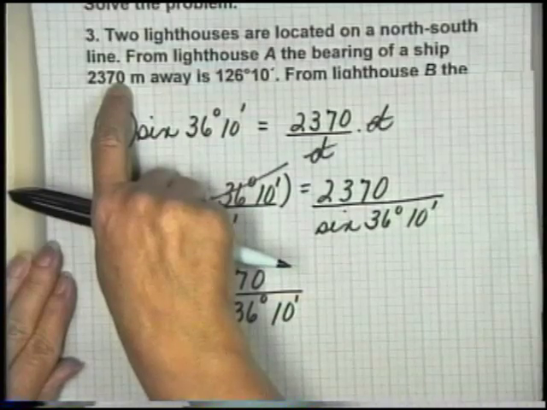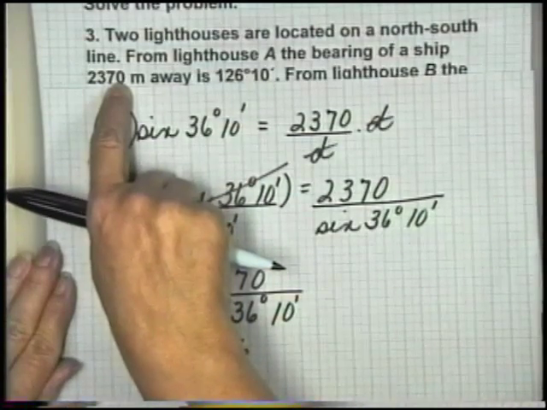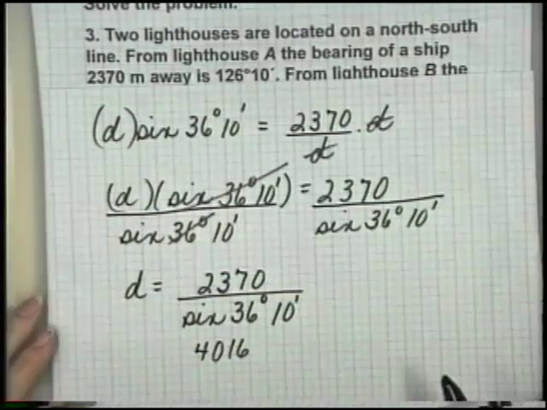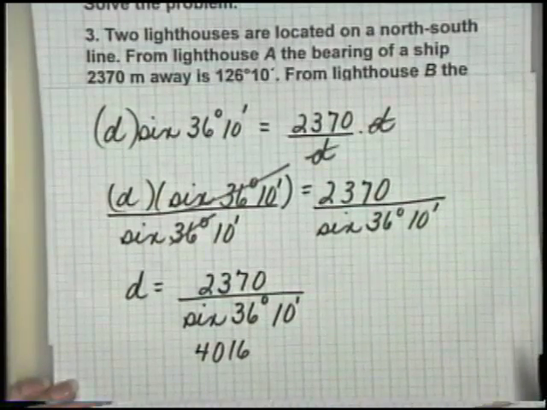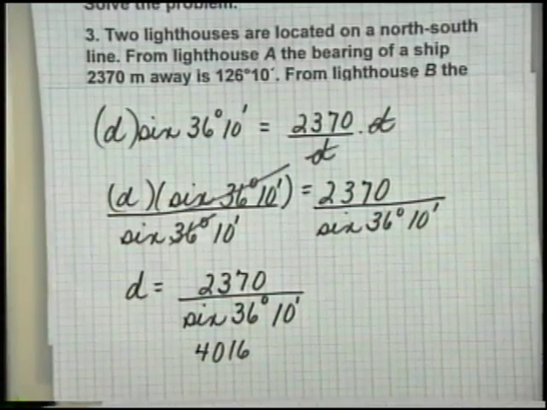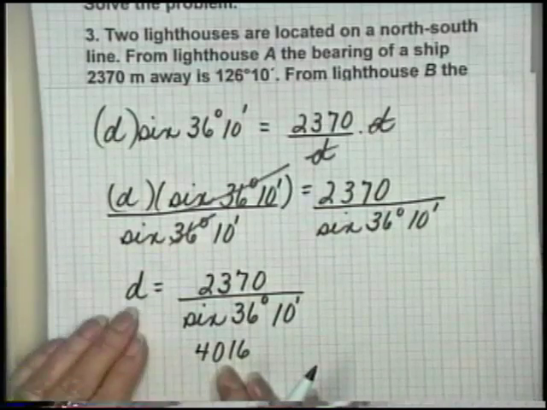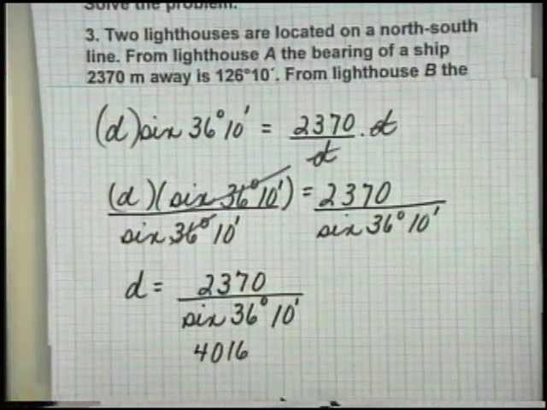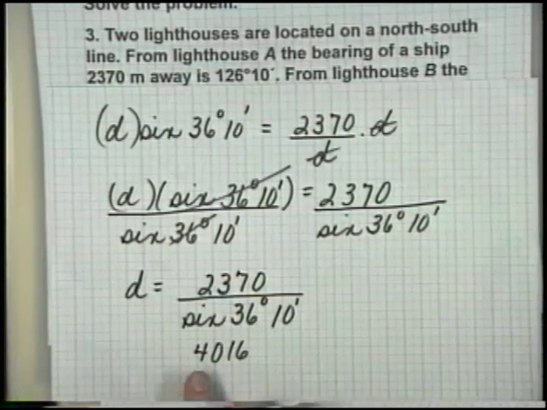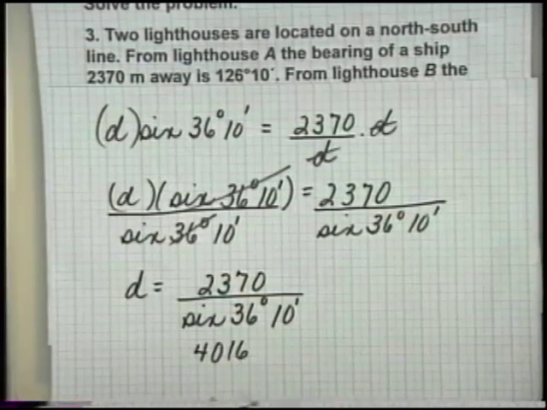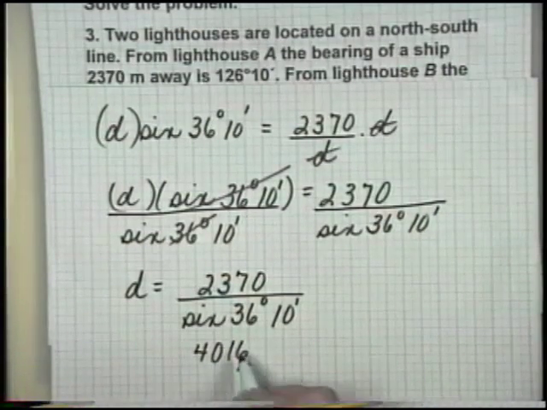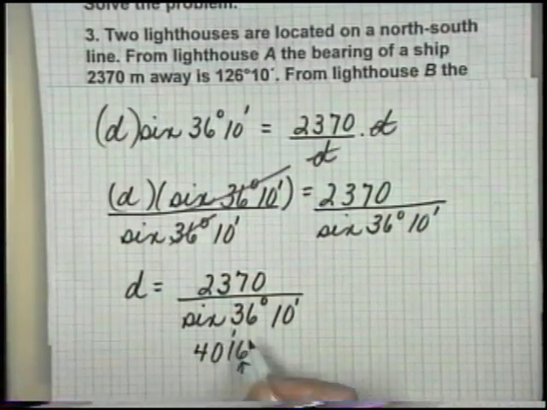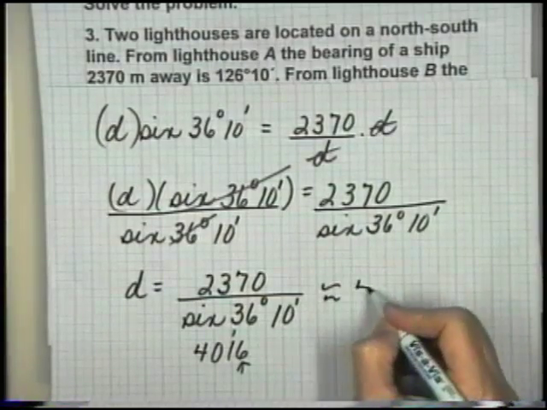Because this number 2,370 is rounded to 3 significant digits, and that represents one of the sides of my triangle, and my D represents one of the sides of my triangle, then I want to round it also to 3 significant digits, which means I'll need the thousands, the hundreds, the tens place. So I'll look at the ones place, and since that's a 6, it tells me to add 1.